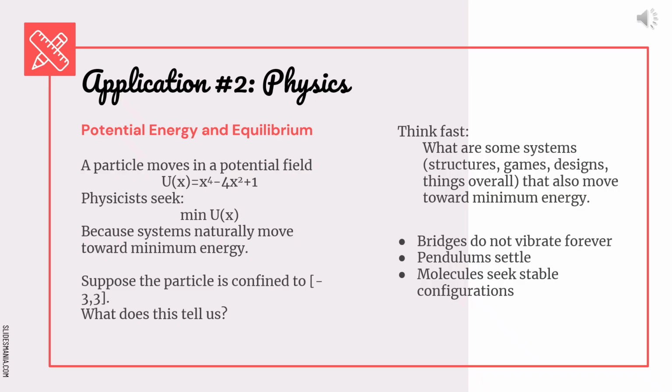You want a pendulum to settle because you don't want the pendulum to keep going forever. There's a physical force called friction that makes the pendulum settle. And you have molecules seeking stable configurations, because if not, you're going to have unstable configurations which can cause explosions.